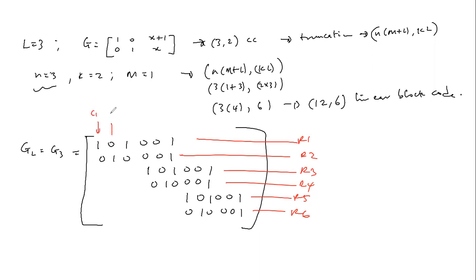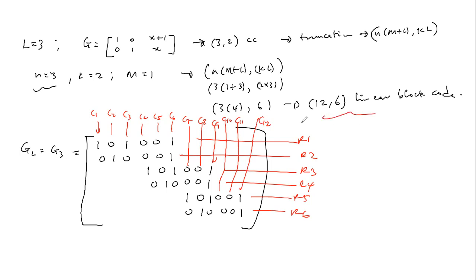It's column 1, column 2, column 3, column 4, column 5, column 6, column 7, column 8, column 9, column 10, column 11, and column 12. So hence we have a 12 by 6 linear block code.